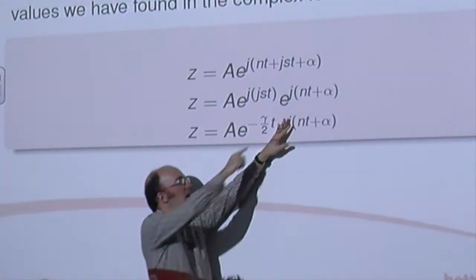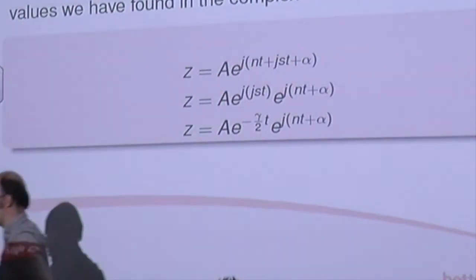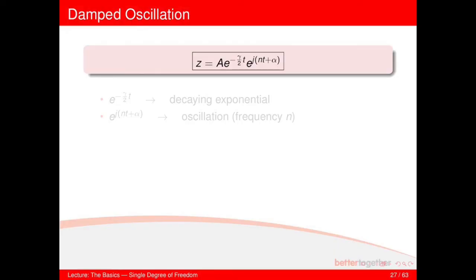It goes down. There's a minus sign here. It's a decaying exponential. So e to the minus gamma upon 2 times t is a decaying exponential, and e to the j times something we know is an oscillation with a frequency of n in this case.